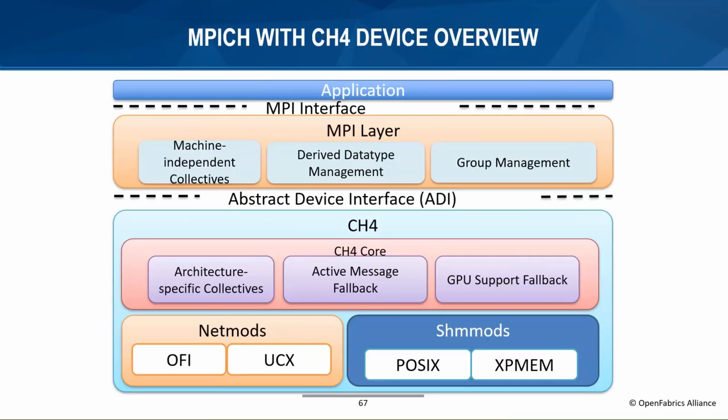So if you have a PSM2 provider, then we know that certain functionality is supported by hardware, and in that case we use the native functionality provided by OFI. So that's overall. Besides the NetMod, we also have SHMEM modules that support shared memory communication. Currently we have a POSIX implementation, and we also have XPMEM support in shared memory communications. Next slide, please.